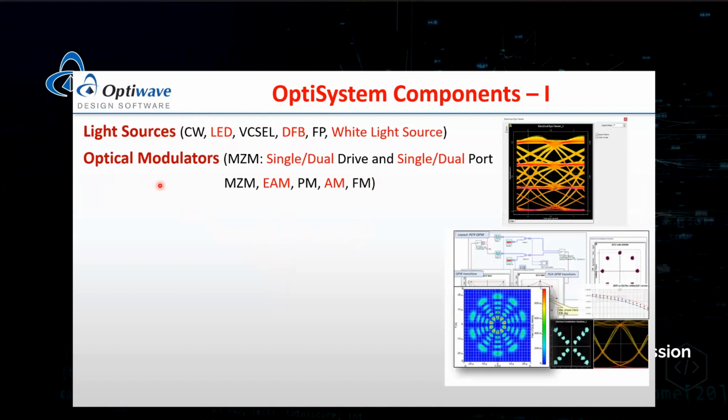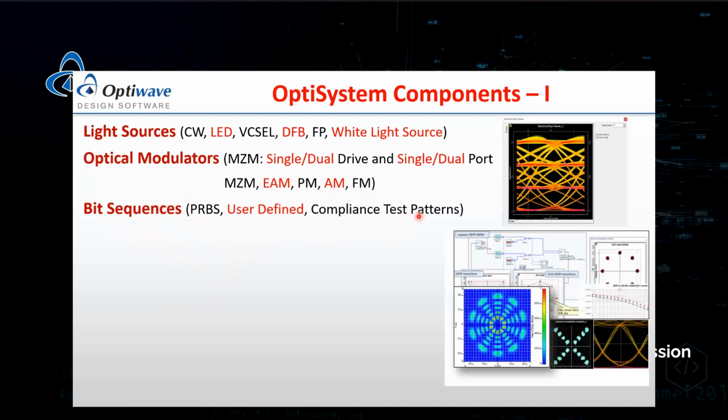We also support different modulator types like Mach-Zehnder modulators, single drive or dual drive, as well as electro-absorption modulators, phase modulators, AM modulators, FM modulators, bit sequences. So we offer random sequence generators, which can be generated randomly, or users can put their own sequences in the components.